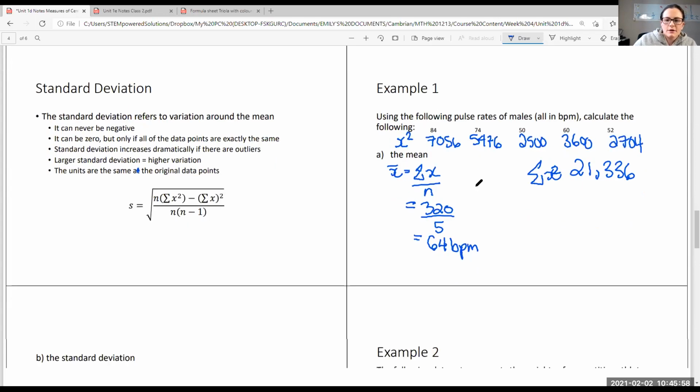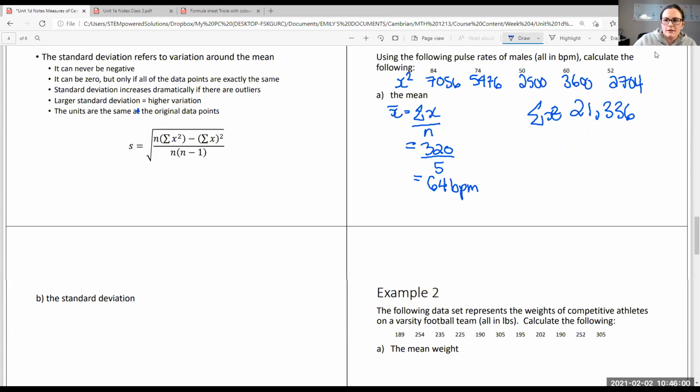Now in order to use our standard deviation equation, we're going to have to sum up all of our x's as well. So 84 plus 74 plus 50 plus 60 plus 52 equals 320.